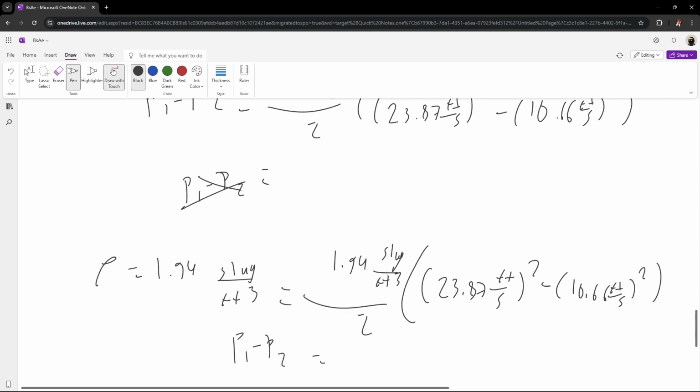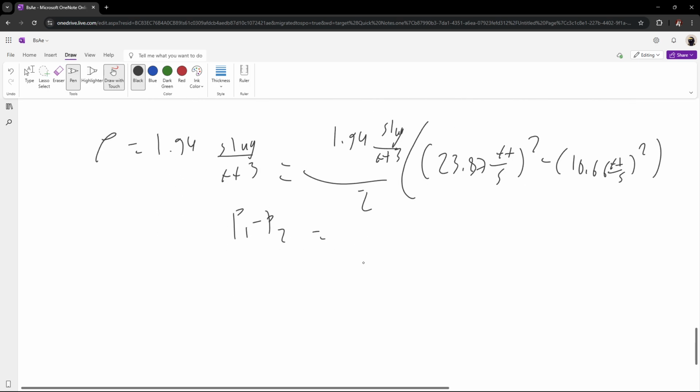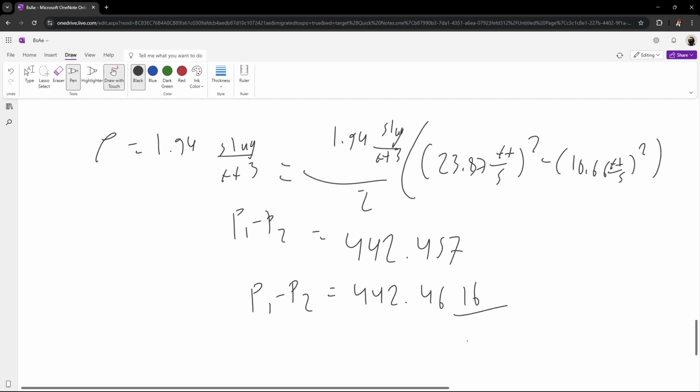Now calculating, we get 442.457. With two decimal places, we get 442.46 pounds per square foot.